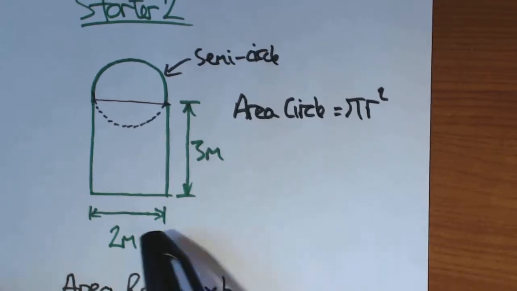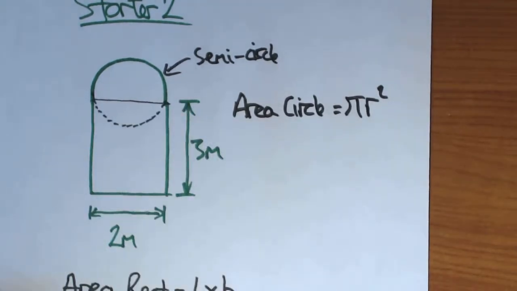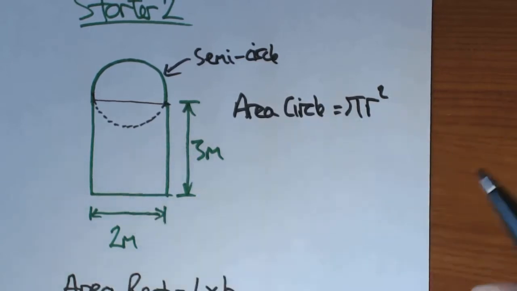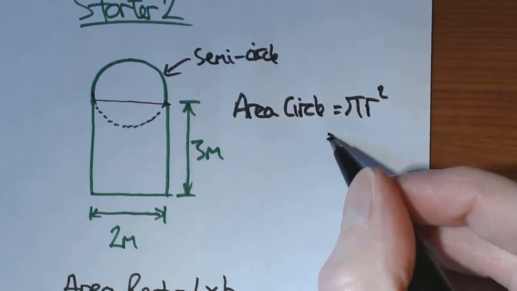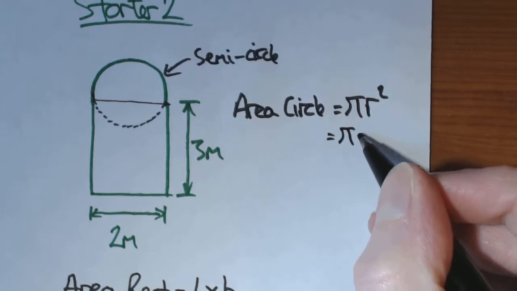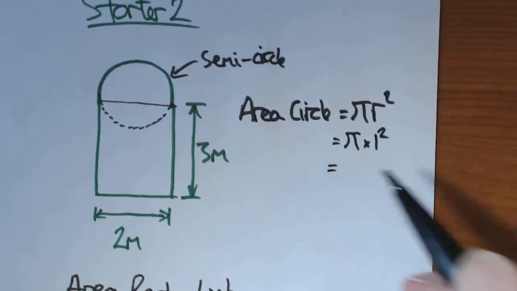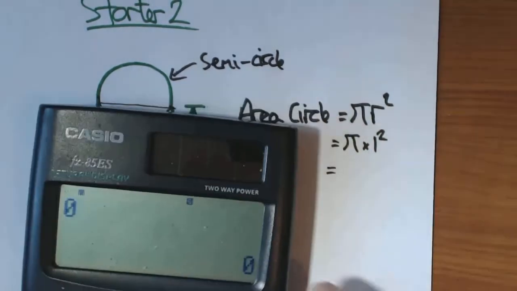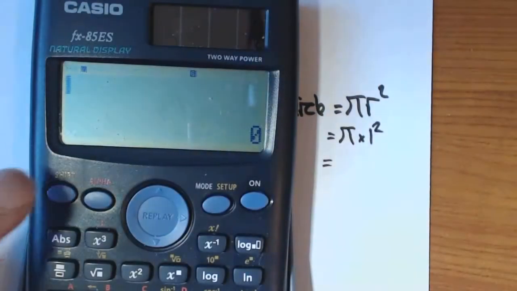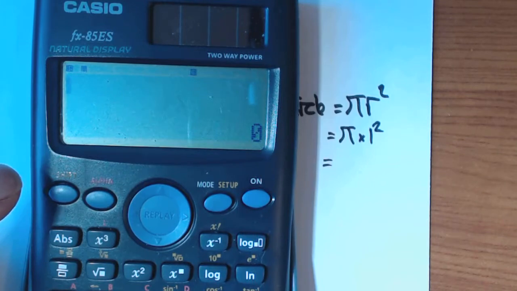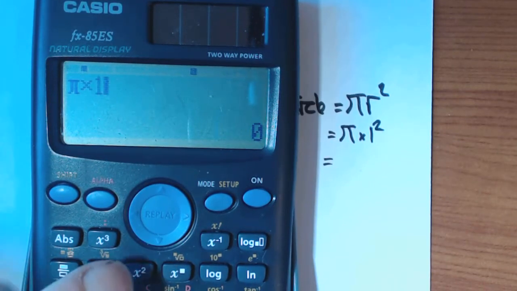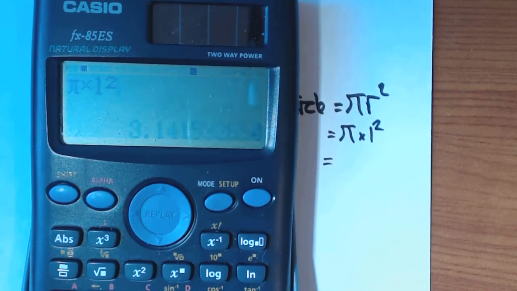Now, the diameter is 2 metres, so we know the actual radius is half of that. Okay, so what we'll have is the area of the circle is pi times 1 squared. Okay, which is, if we have a wee look here, pi times 1 squared, you'll find it's pi.